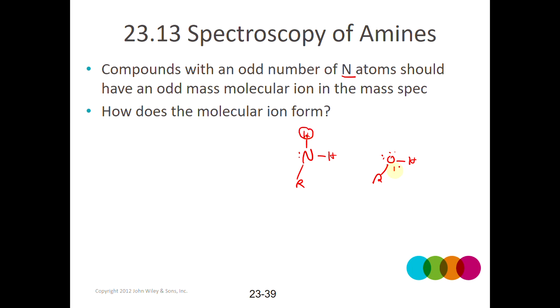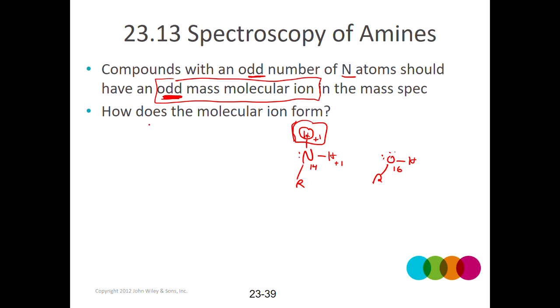So the oxygen's mass is about 16, nitrogen's mass is about 14 for the most common isotopes at least. But when we add an extra proton, that adds an extra mass unit, and so that's why we get an odd mass usually. So if there are an odd number of nitrogens, typically there's an odd mass.